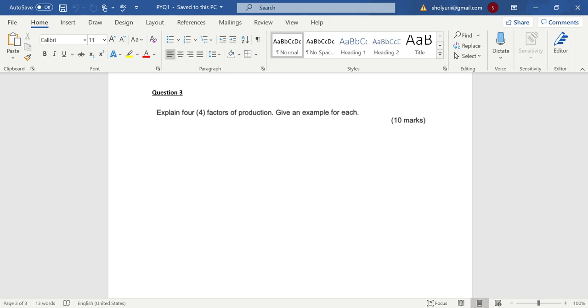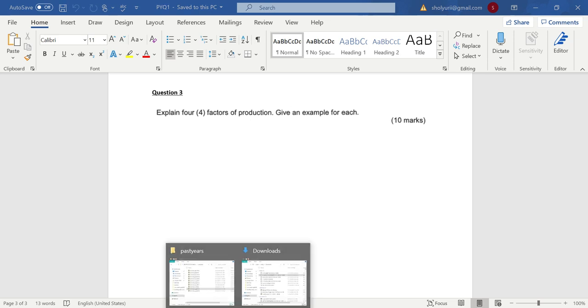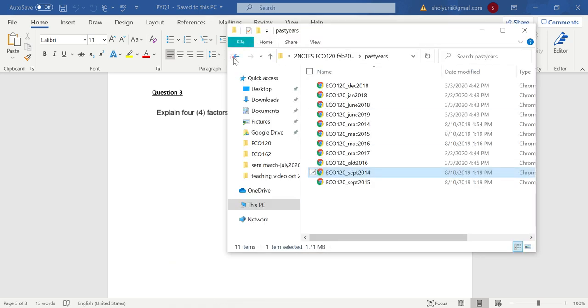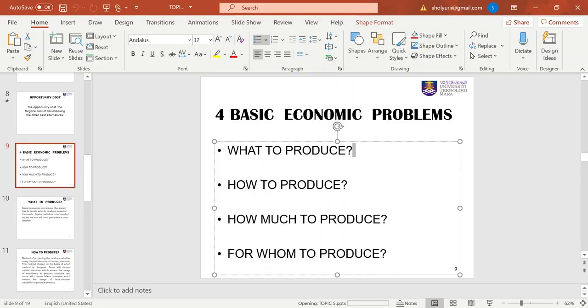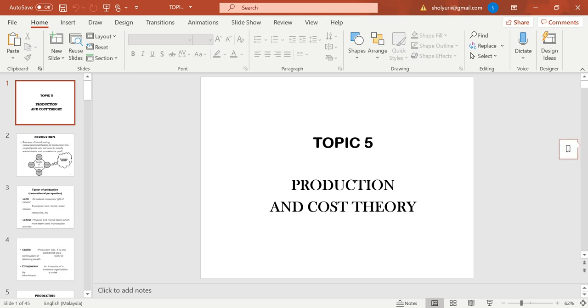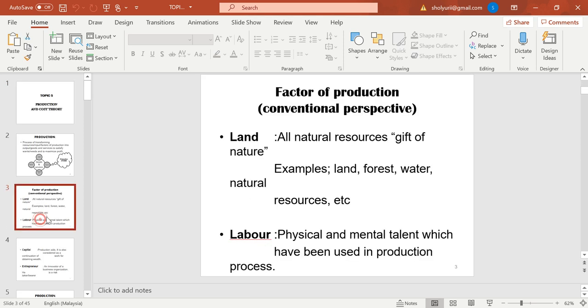Apa saja yang ada di alam semula jadi kita ni. Okay, and then we have labor. So explain what is labor, or according to the one explained by Dr. Khairi lah. And then if you need extra note for that, I have also here, because we will be learning this in chapter 5 juga.